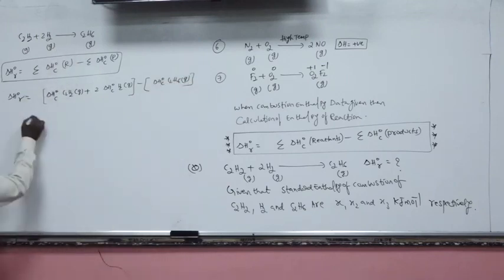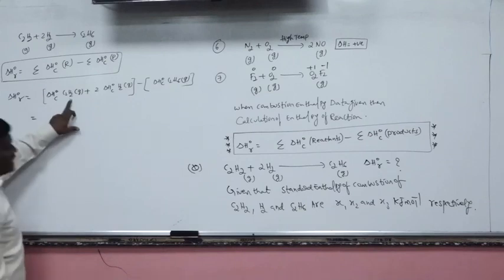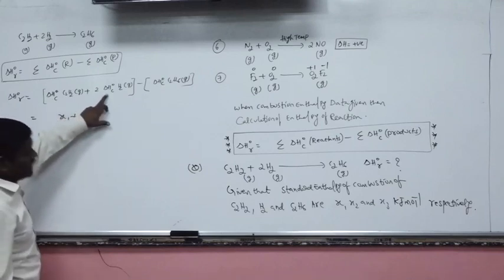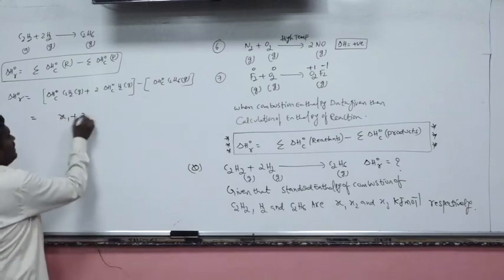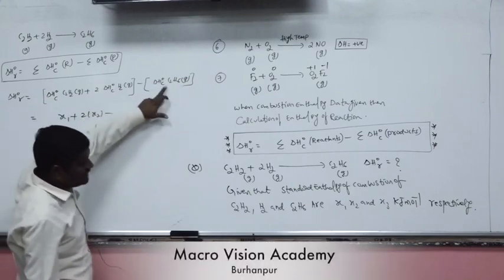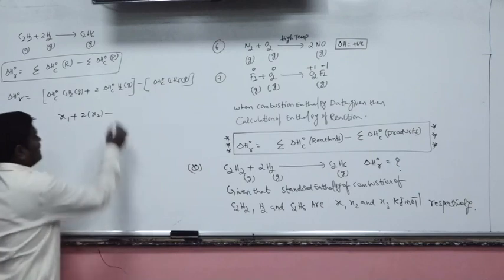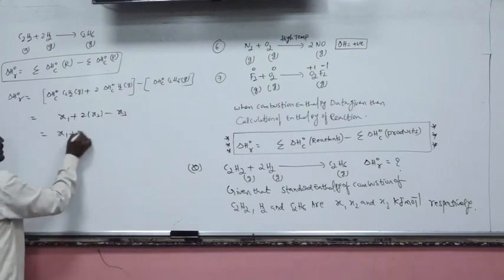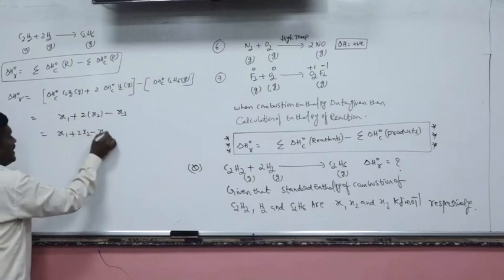Now what is the given data? The standard enthalpy of combustion of acetylene gas is X1, plus 2 into the standard enthalpy of hydrogen, X2, minus the standard enthalpy of combustion of ethane, X3. So X1 plus 2X2 minus X3.